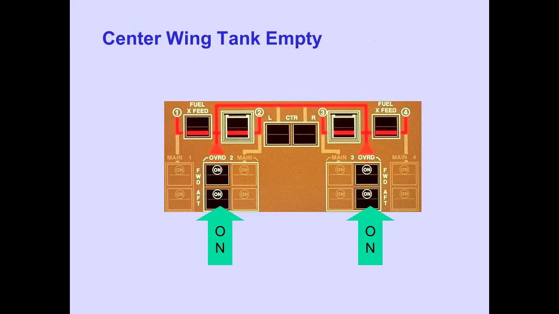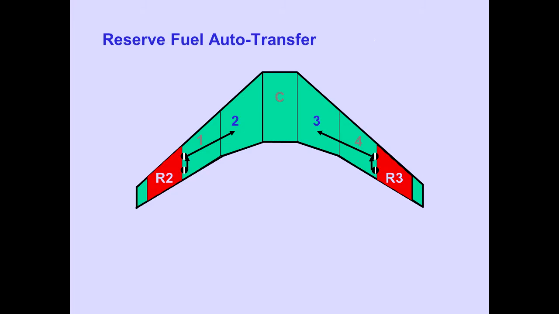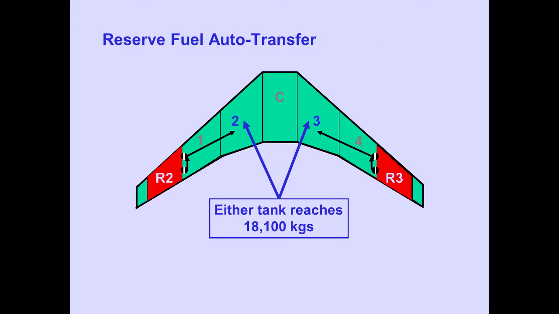When the center wing tank is empty, system logic turns on the override jettison pumps in main tanks 2 and 3. When either main tank 2 or 3 reaches approximately 18,100 kilograms, system logic transfers reserve fuel to the inboard main tanks.